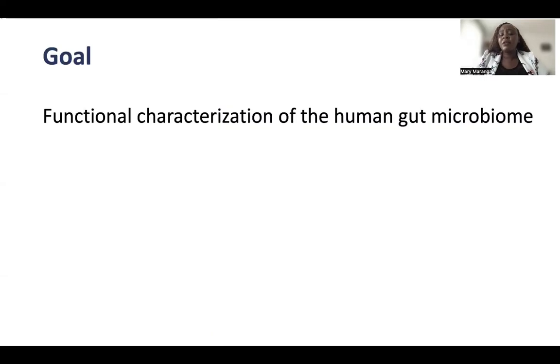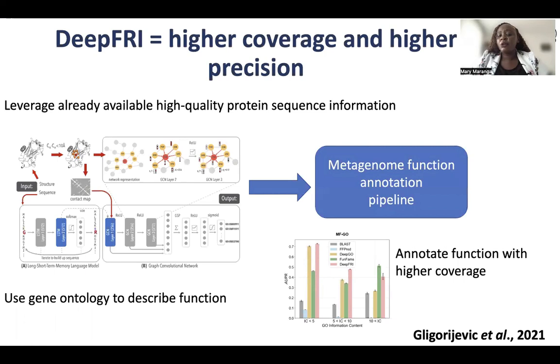Our main goal for this research is the functional characterization of the human gut microbiome. So I'll be talking about how we are annotating metagenome assembled genes to help us understand protein functions better. For the functional annotation, we are using the deep learning based method DeepFRI, that is the deep functional residue identification.